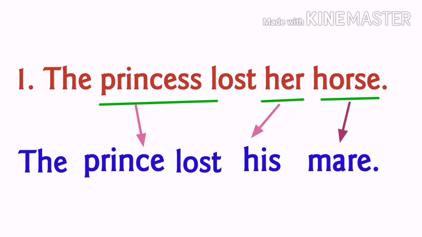And the opposite of the noun horse is mare. So the sentence will be like this. The prince lost his mare. The opposite of princess is prince, and we change the pronoun her to his, and horse opposite mare. Okay. This is how you need to change each and every sentence.